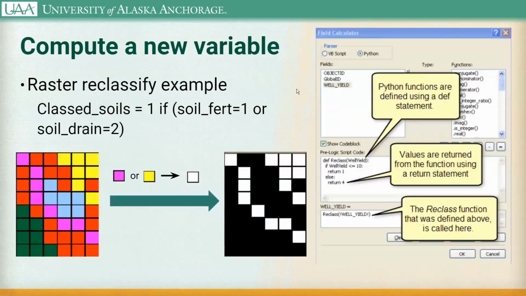And then you can also use the field calculator for rasters. So if you have a raster data set with values assigned that you want to perform some sort of mathematical function on, you can do that as well.